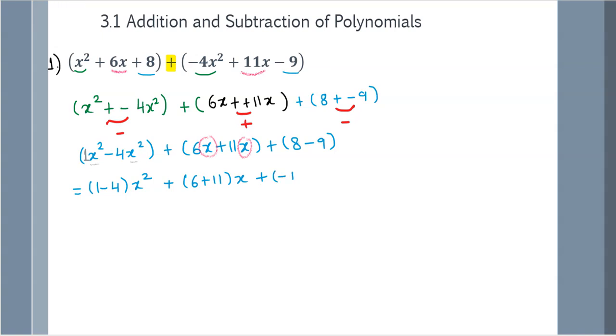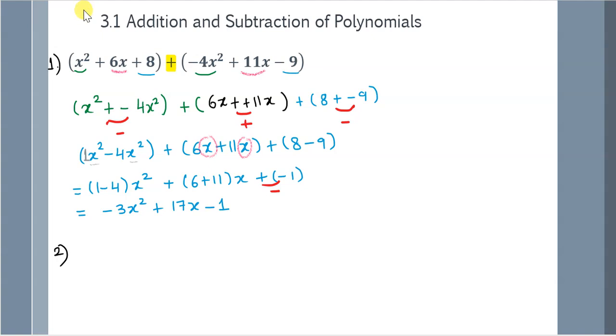And 8 minus 9 is minus 1. Which on simplification gives you minus 3x square plus 17x minus 1, because this plus minus again gives you minus. So this is the simplification. We add the similar coefficients, the coefficients of the same term.